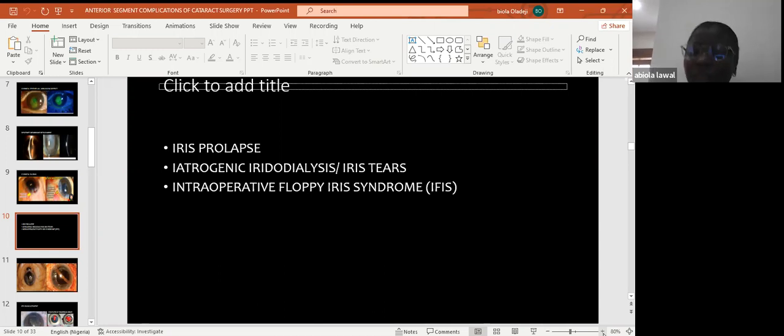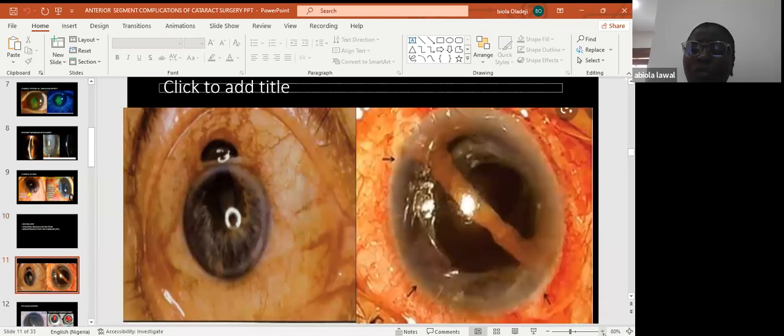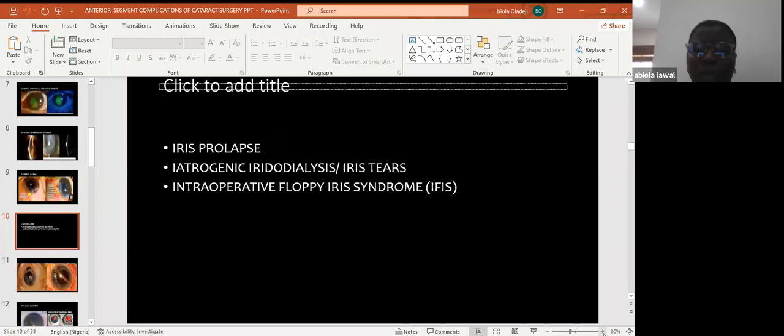But a significant iridodialysis, over 90 degrees, up to 180 degrees, needs to be repaired. A cobbler's technique has been described in the repair of iridodialysis. And when there's trauma to the iris, it can also cause post-op chronic pupillary dilation.